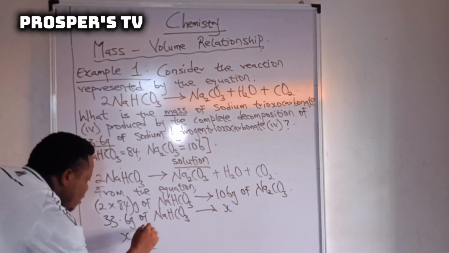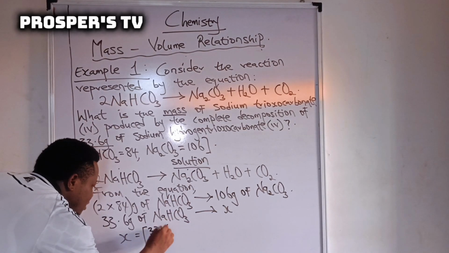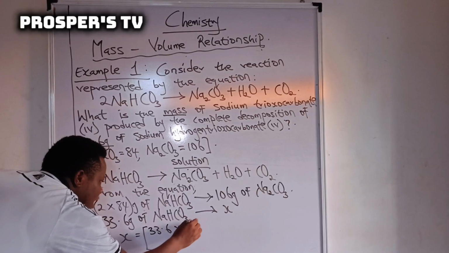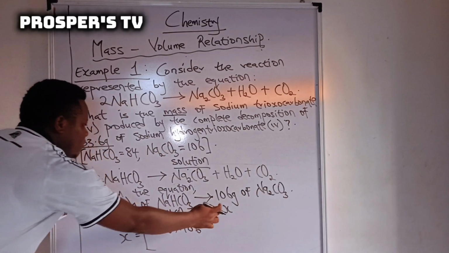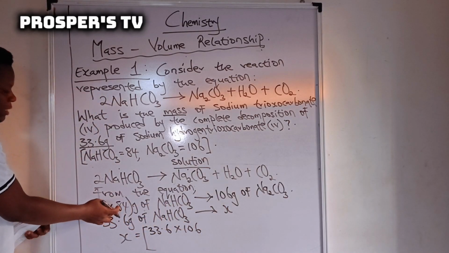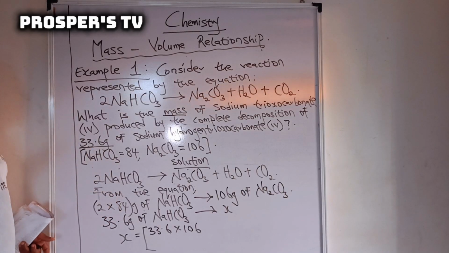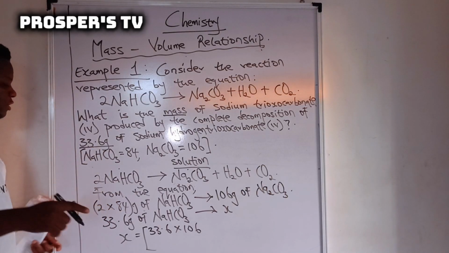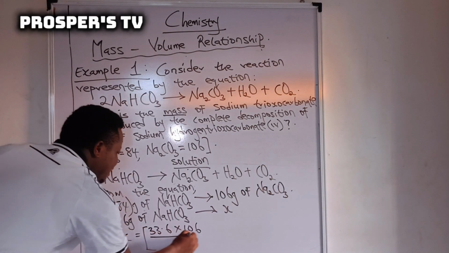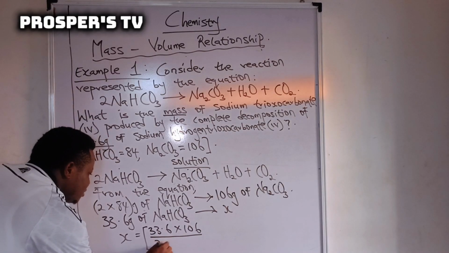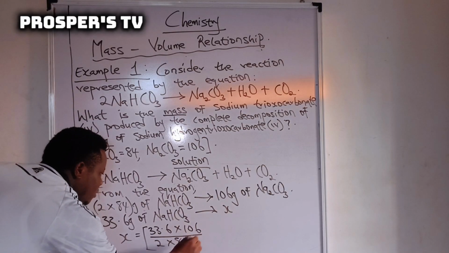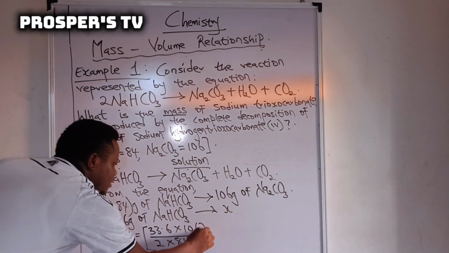Just exchange them. Cross multiply, you have 33.6 multiplying 106. Now, X would multiply 2 times 84. Later, you have to divide both sides by that coefficient, which is 2 times 84. If I divide both sides by 2 times 84, I'm going to have my answer for X.